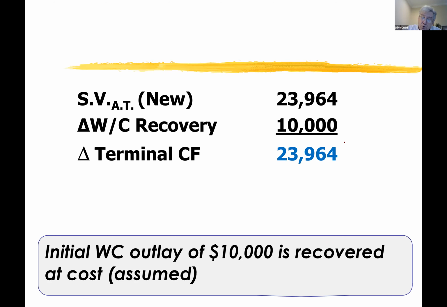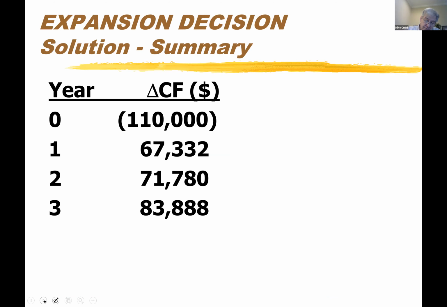So we'll have a total terminal cash flow. Think of that as an extra cash flow at the end of year 3. So for our whole project, we'll shell out $110,000 at time 0.